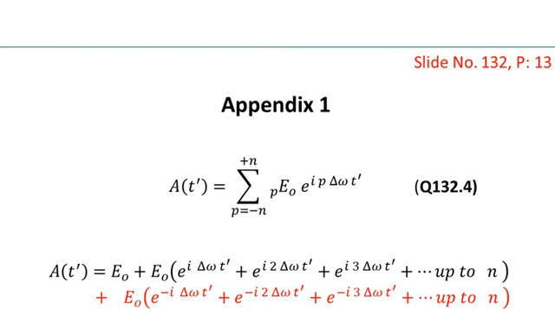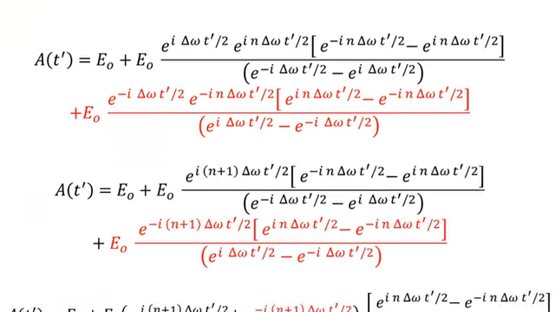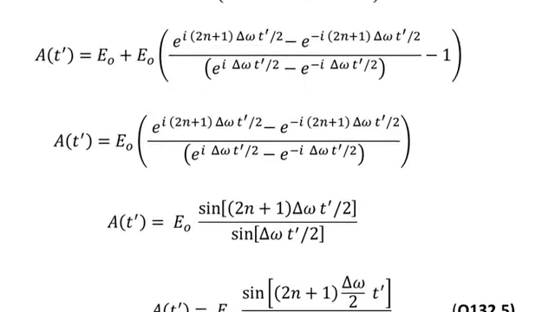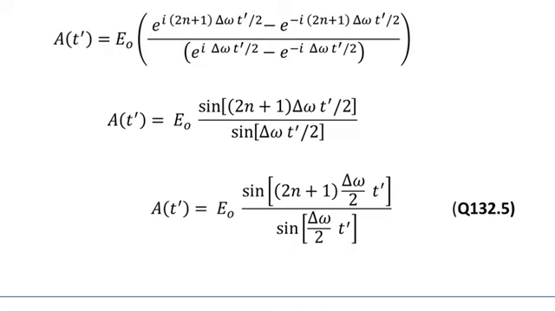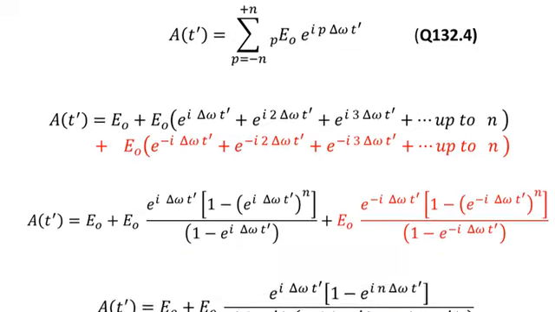You see that in the appendix I have established the connection that the amplitude in the case of mode locked output will be proportional to 2n plus 1, and the intensity will be proportional to the square of this quantity, that is 2n plus 1 squared. And this is what I have shown also over here.